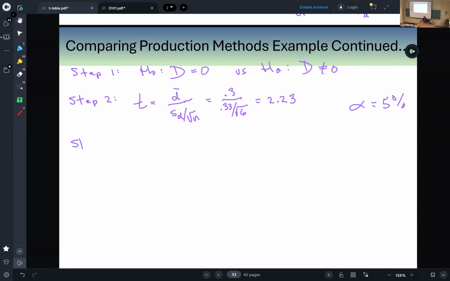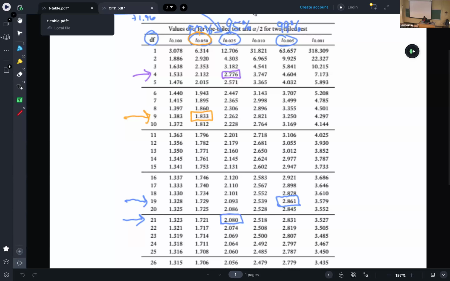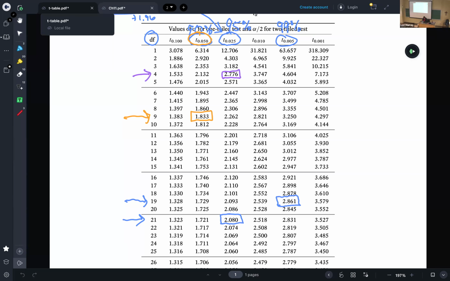And step 3 is going to be the T star, the critical value. We're going to find it at 5 degrees of freedom because there's 6 workers. So let's get that value from the table.